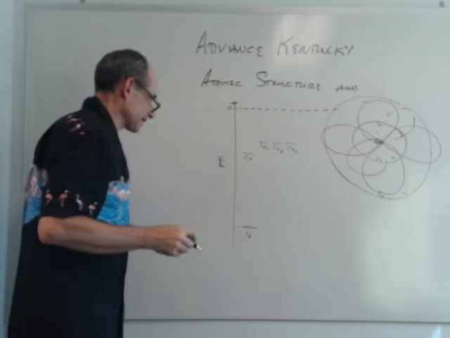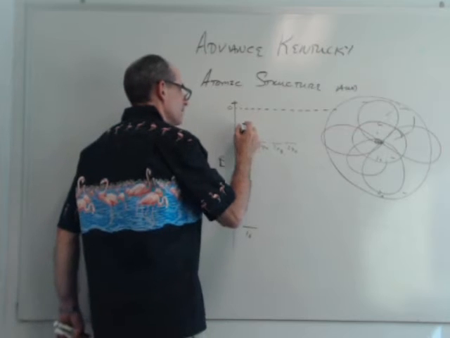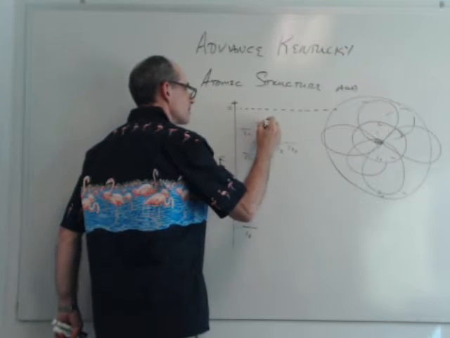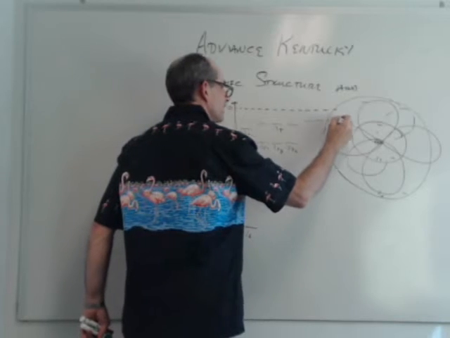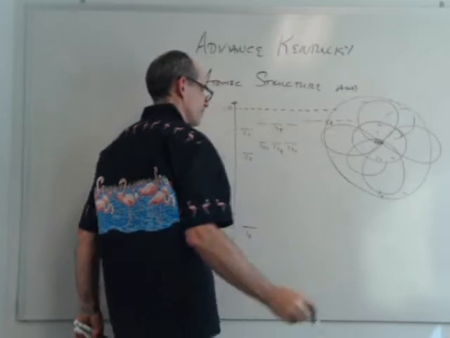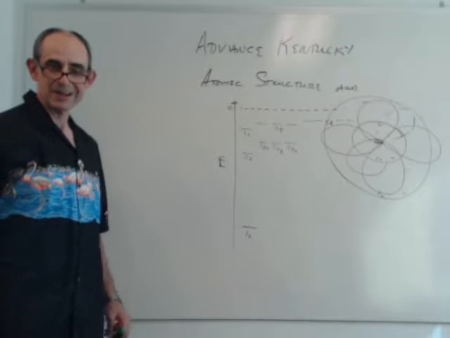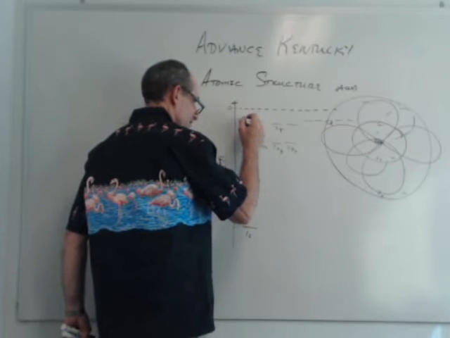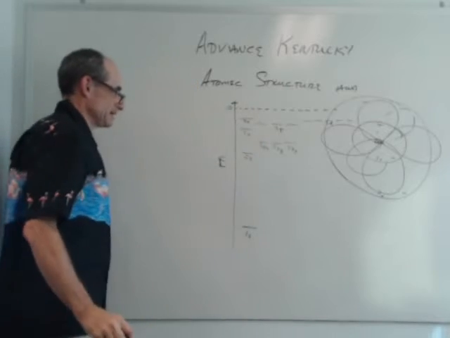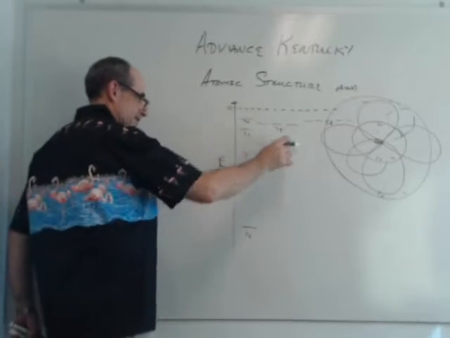And that's it for the second shell. And then we go on with the 3s, 3p, and 5 orbitals encompass a 3d subshell, and you can look in your textbook for pictures of those orbitals. And the 4s would be right in there, slightly lower in energy than the 3d.